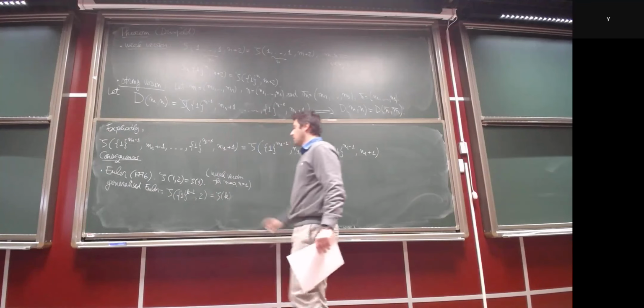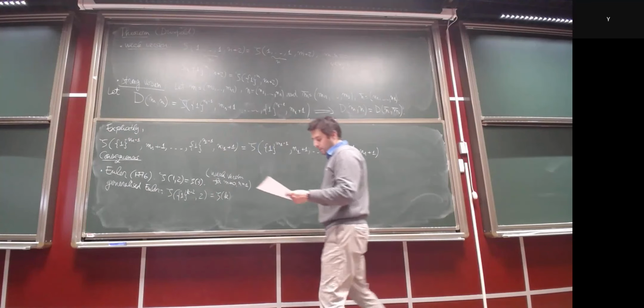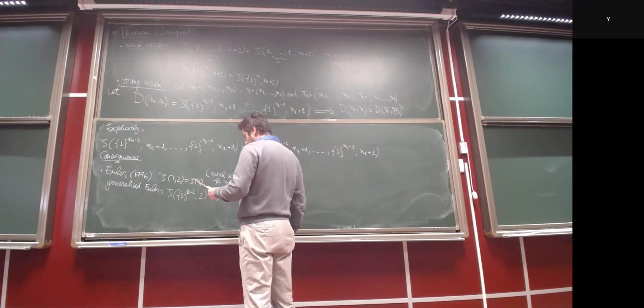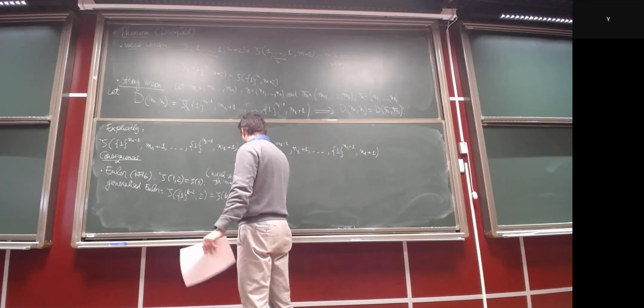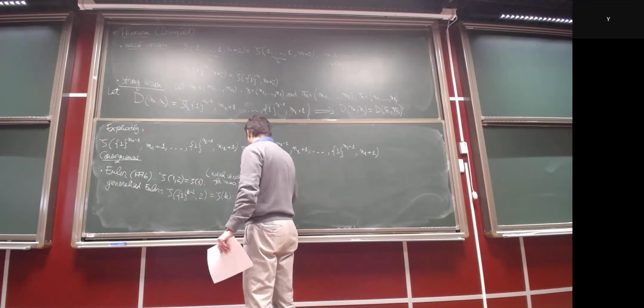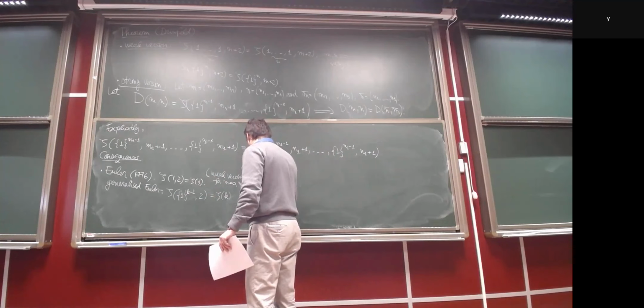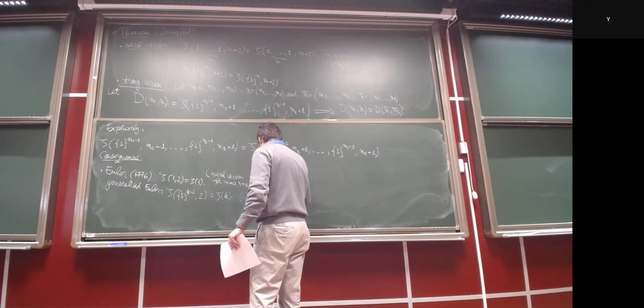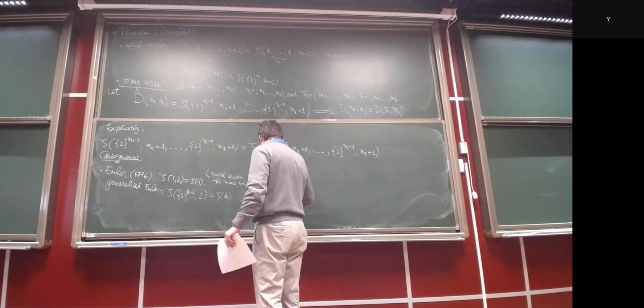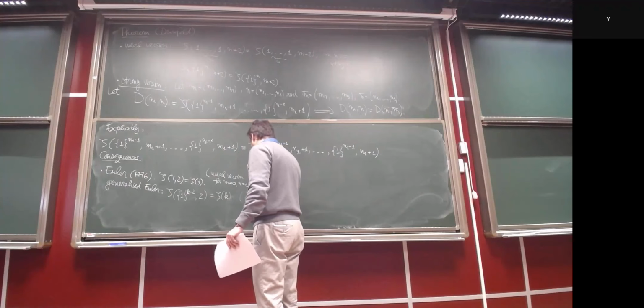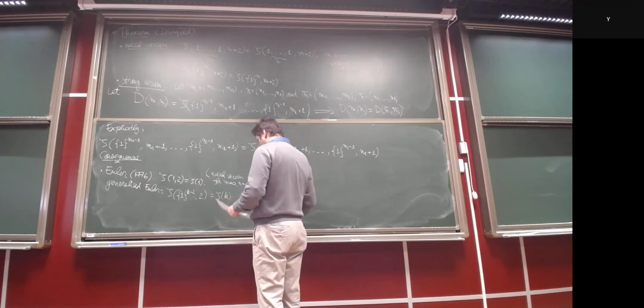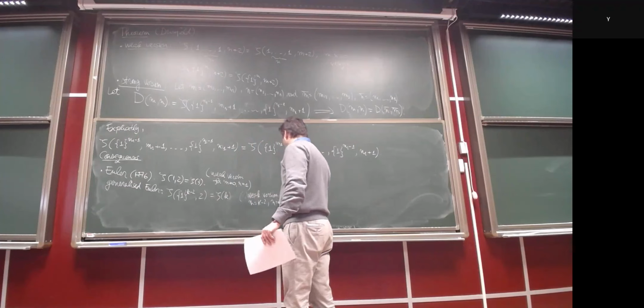So in particular, you recover Euler. So this is again the weak version. So you take m to be k minus 2 and n to be 0, right?